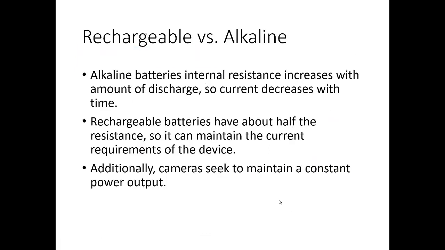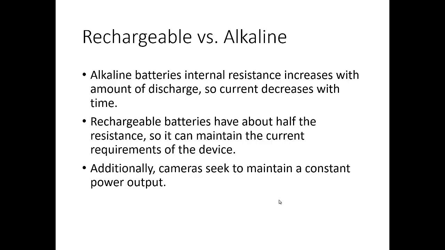Okay, but the idea is still true that these alkaline batteries have some kind of internal resistance, and that internal resistance is going to increase, preventing the flow of electrons, not electrons, the flow of ions between the anode and the cathode, and that's going to continue to increase with time. And so current is also decreasing, because if you're increasing your resistance, V equals IR, then as your resistance increases, your current is decreasing.